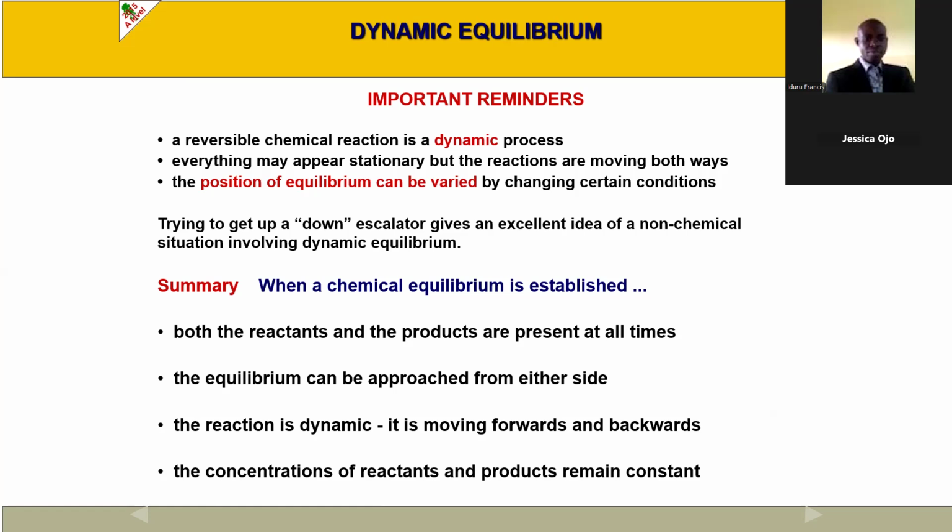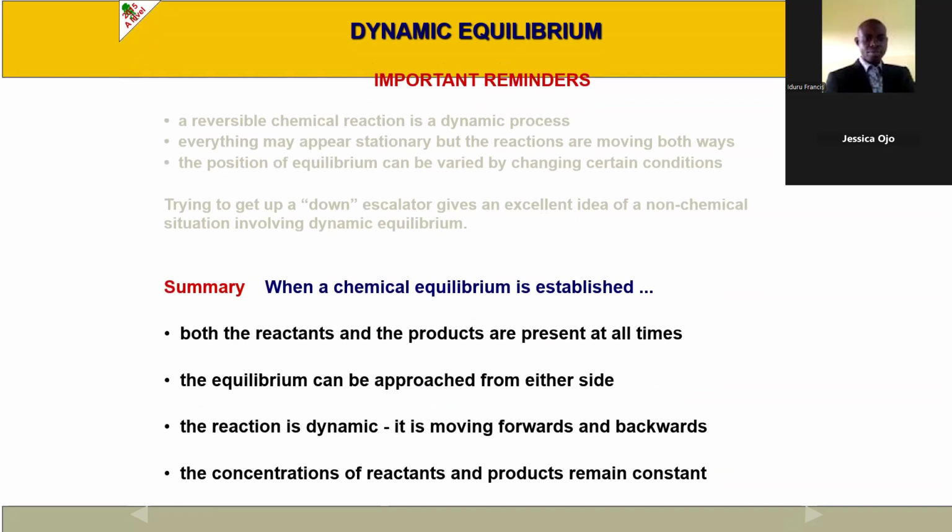Number two, we look at the concentration. The concentration of the reactant and the product remains constant. Once it's at equilibrium at a particular temperature, they are always constant. So those two key properties are very important for an equilibrium reaction.